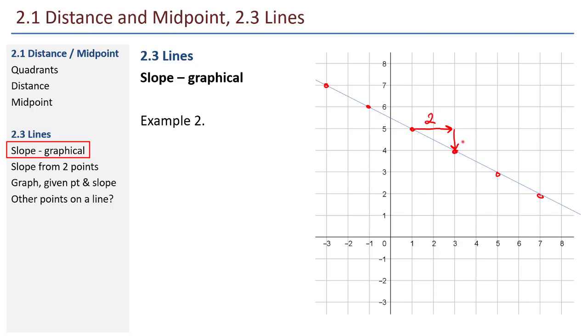However, the point on the left has a y value of 5, the one on the right has a y value of 4, so y has decreased by 1. So my change in y divided by change in x is -1 over 2, that's -1/2.